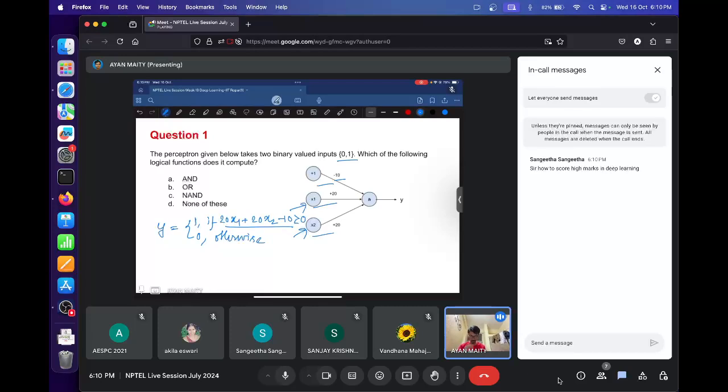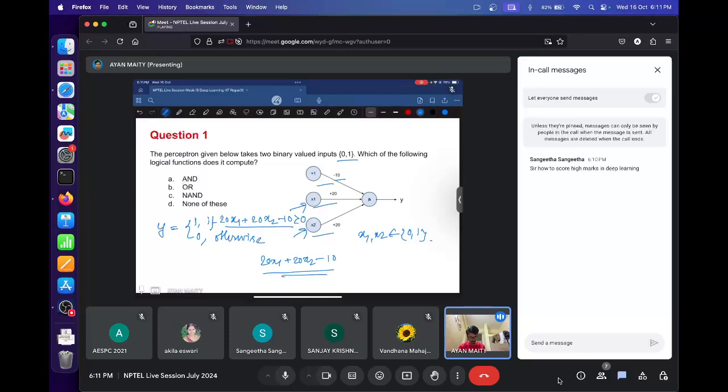Now this expression 20x1 plus 20x2 minus 10 should be greater than 0, and x1 and x2 are both binary variables, so both of them belong to {0, 1}.